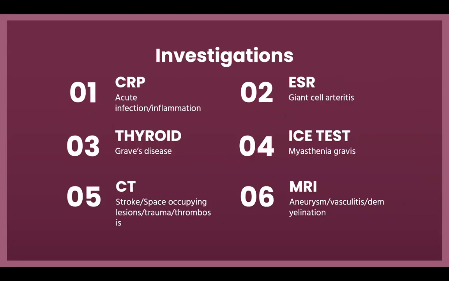Here, we will do the routine blood investigation, but especially we will request CRP for acute infection or inflammation, the ESR for giant cell or temporal arteritis, thyroid profile for Graves' disease, ICE test for myasthenia gravis, and we will discuss it later, CT brain to check stroke, space occupying lesion, trauma, or thrombosis, and the last one, MRI, to check the aneurysm, vasculitis, and demyelination.